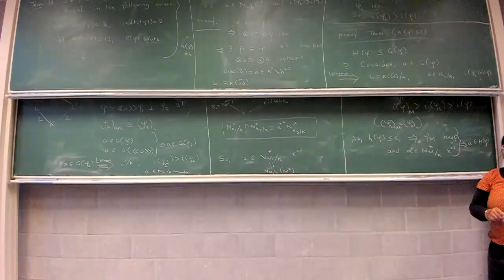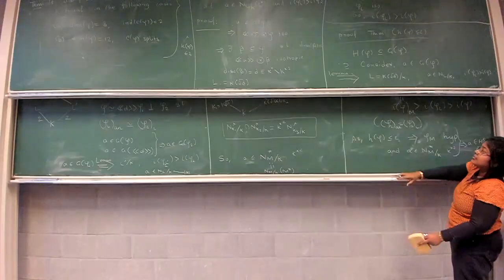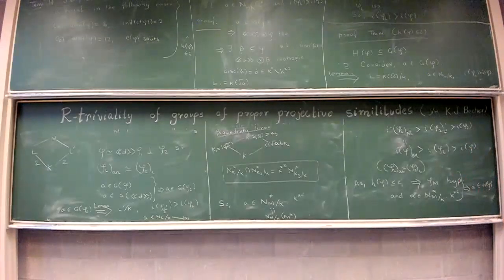Now we only get this for the base field case. The I of phi 2 over M is still bigger than the I of phi 2 over L prime. I don't think that we know this. It's greater than or equal to, no? Oh, okay.